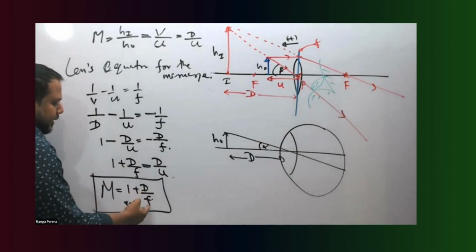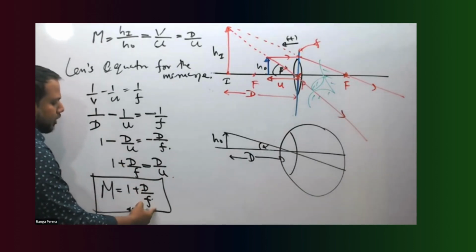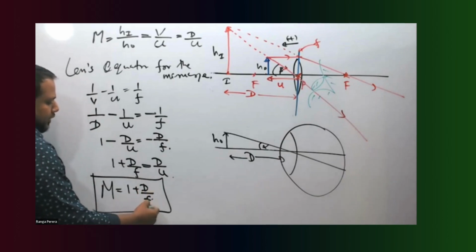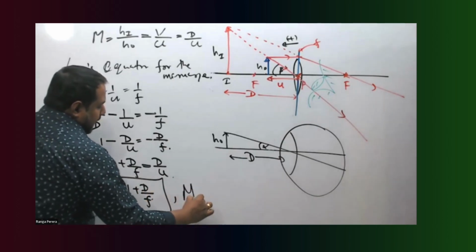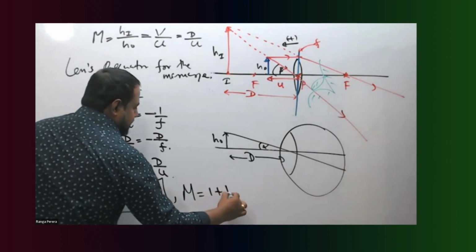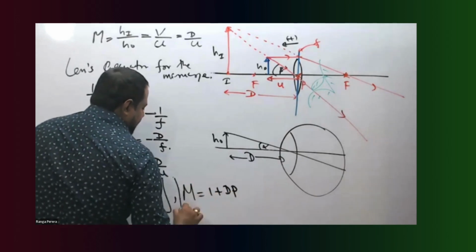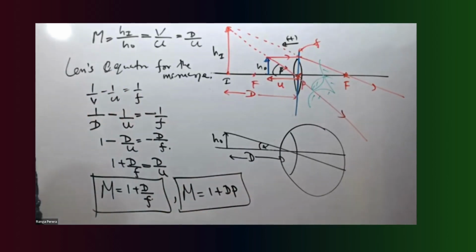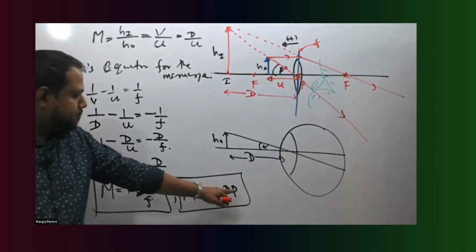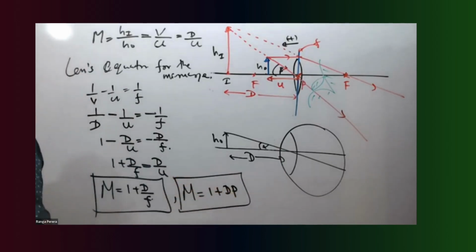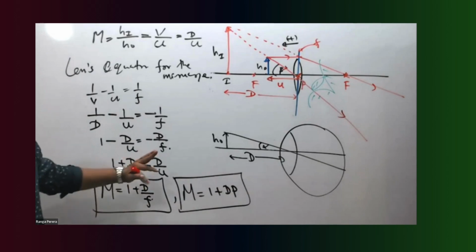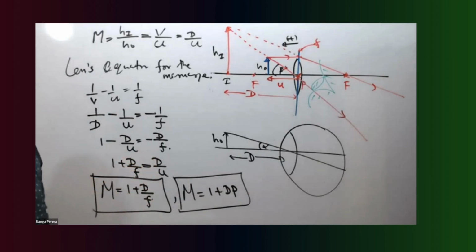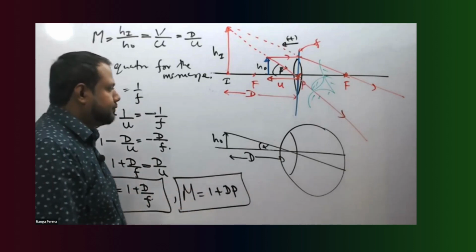D over F: 1 upon F is the inverse of F, which means power. So if you go with the power, it is 1 plus DP. Both you need to remember. For the simple microscope, please remember 1 plus D over F under the normal adjustment. This is the equation. 1 plus DP.